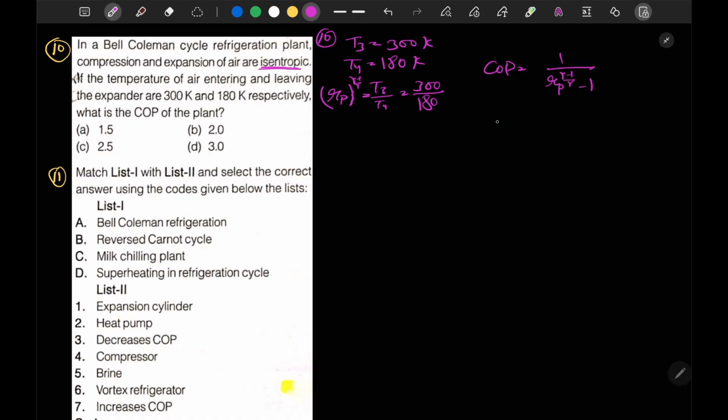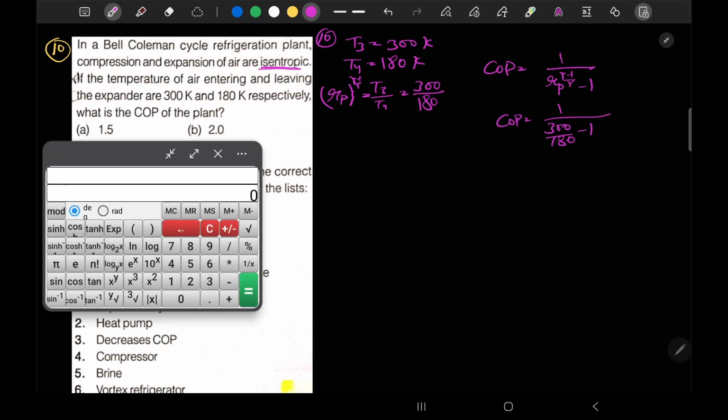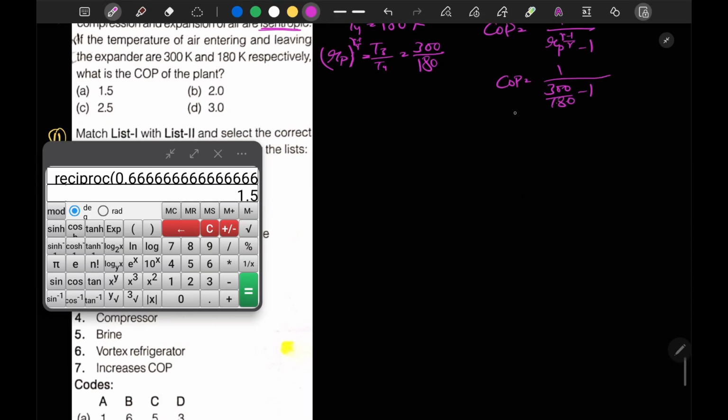From here we can calculate COP is equal to 1 upon (300 by 180 minus 1). If we calculate 300 divided by 180 minus 1 and then invert, we get the COP value to be 1.5. Option A is correct.